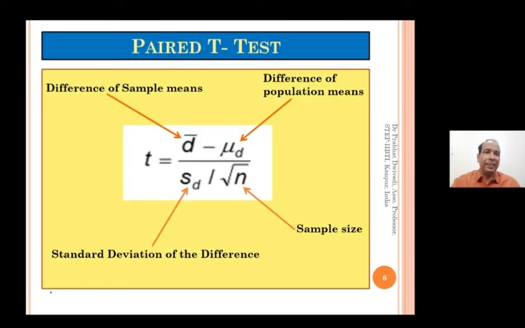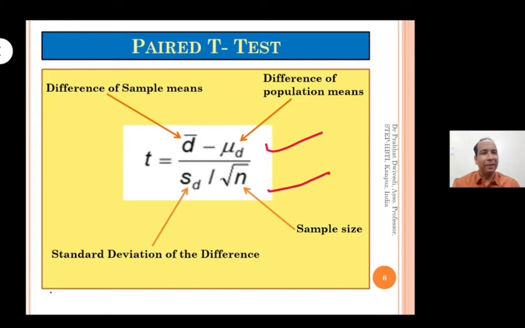Now let's see what the paired t-test statistic is, how the formula goes. It is given before you. t is equal to d bar minus mu d upon sd upon root n. Just recall, as I told you earlier, a statistic is always difference upon standard error. So in the numerator we can see the difference and the denominator is the standard error.